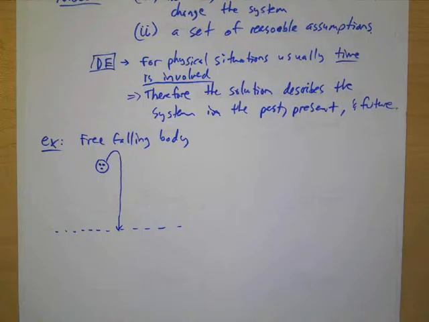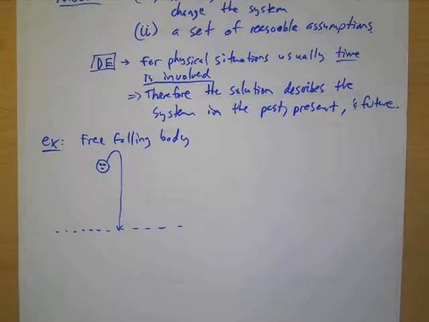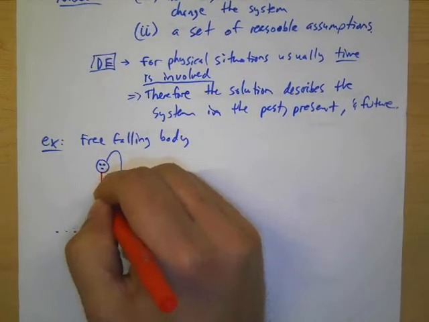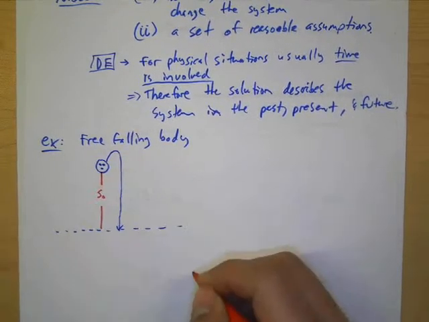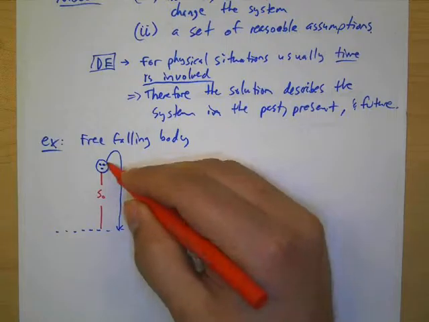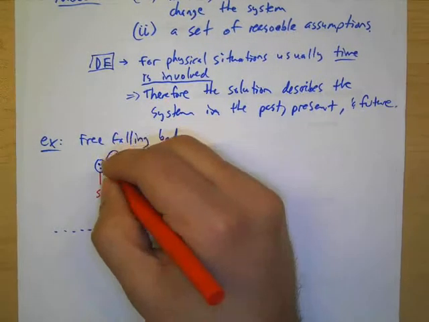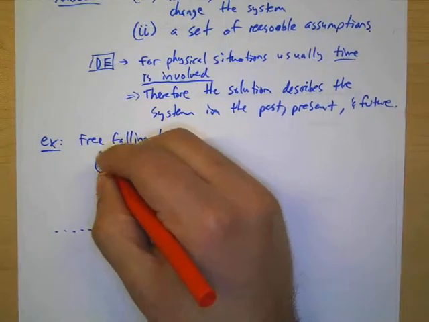Okay. So now, reasonable assumptions. Initial height. If we have some upward motion, that means that there's an initial velocity as well.